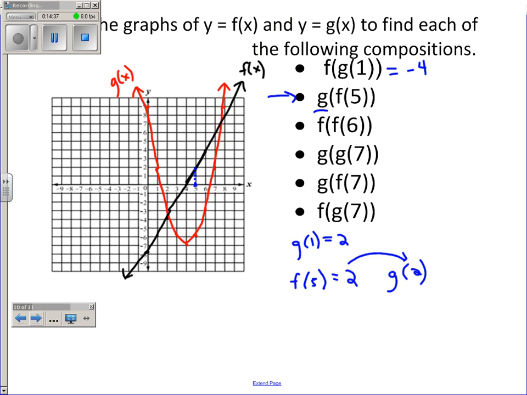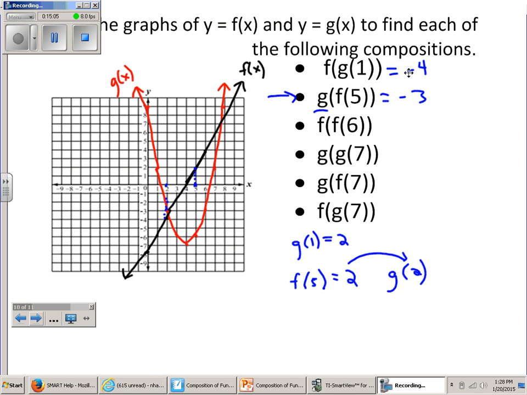So go to 2 on my x-axis, go down till I hit the g, and I hit g at negative 3. So g of f of 5 equals negative 3.